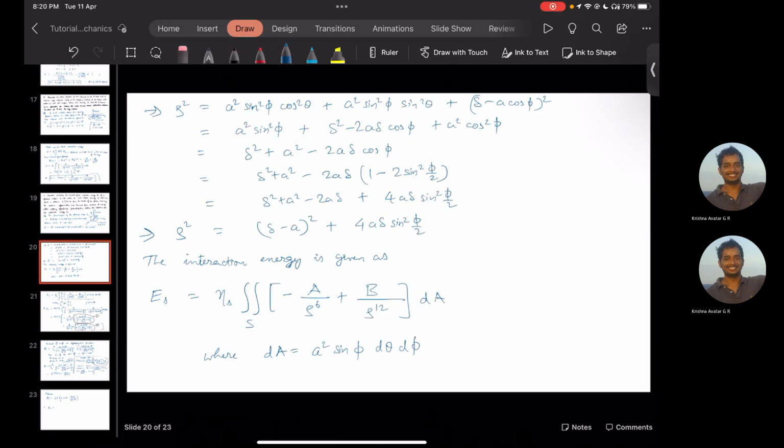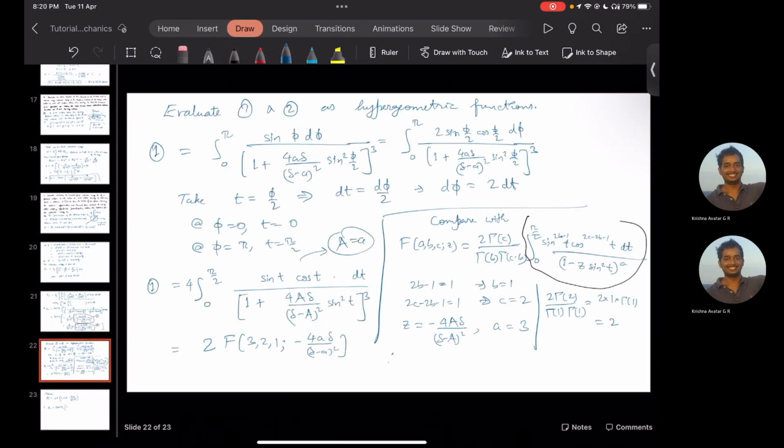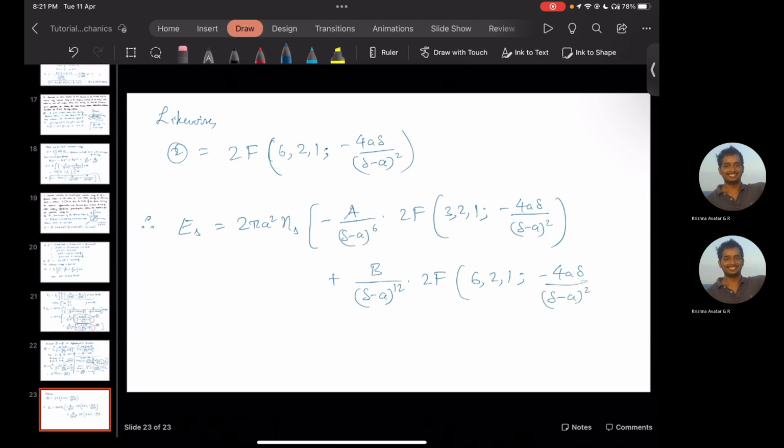So 2 pi a square theta s to minus of a by del minus a to the power 6 into 2f 3 to 1 minus 4a del by del minus a whole square plus b by del minus a to the power 12 dot 2f 6 to 1. This is our expression that we need to find.